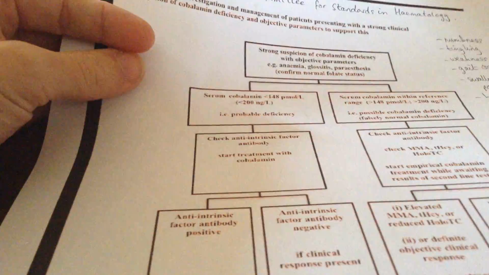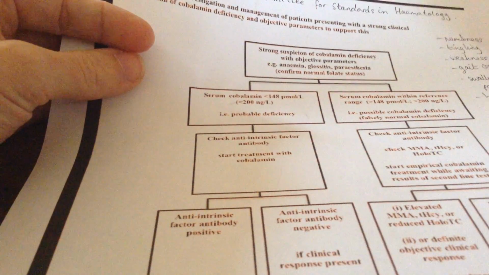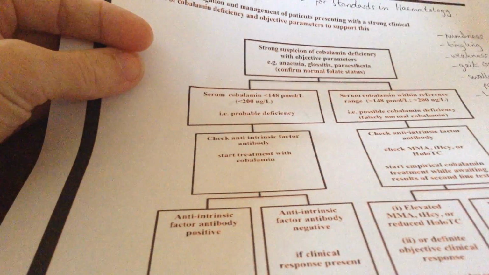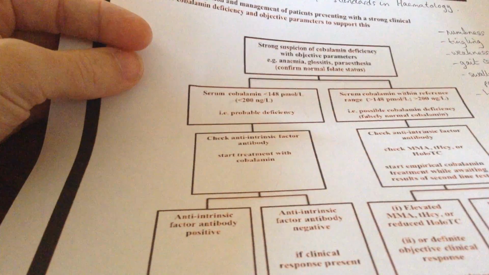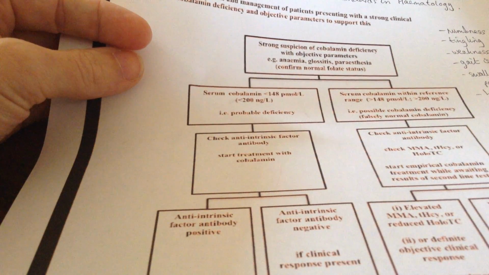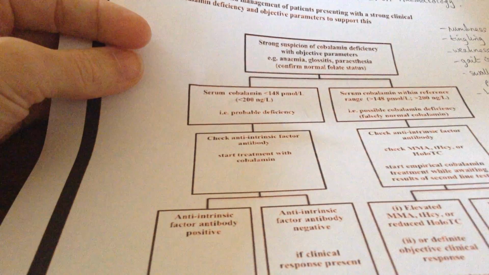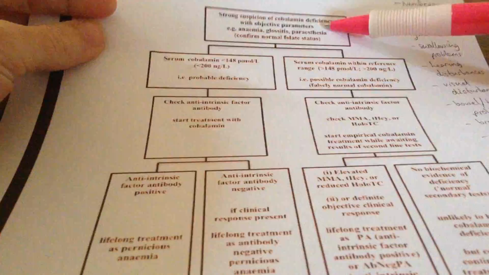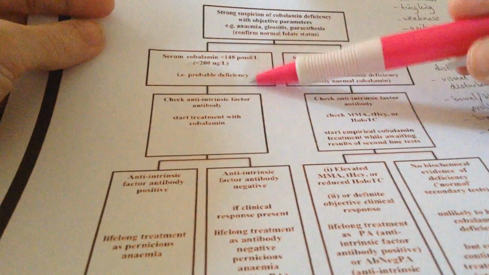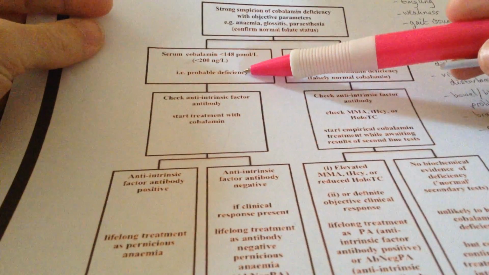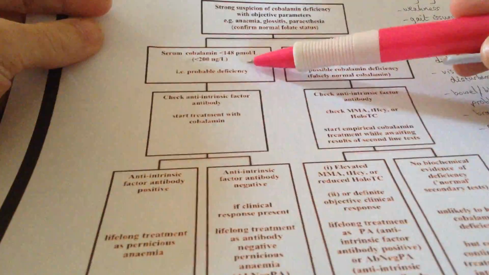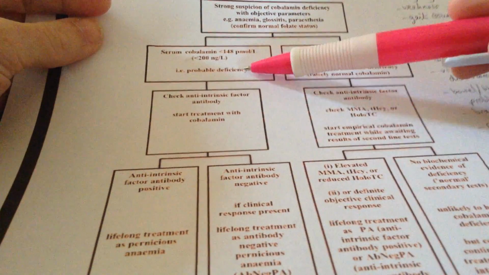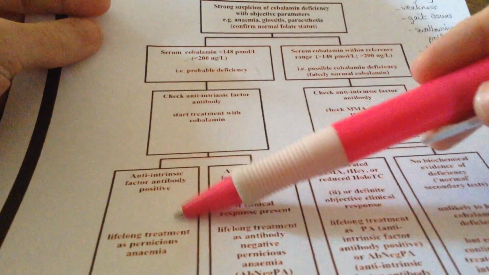Your symptoms are going to be numbness, tingling, weakness, gait issues, swallowing problems, hearing disturbances, visual disturbances, bowel and bladder problems, brain fog, and the biggest one is fatigue. So if we start here, strongly symptomatic. If your level is less than 200, if you have the usual intrinsic factor problems, they will recognise that and they'll treat you. This is the pathway they'll take.